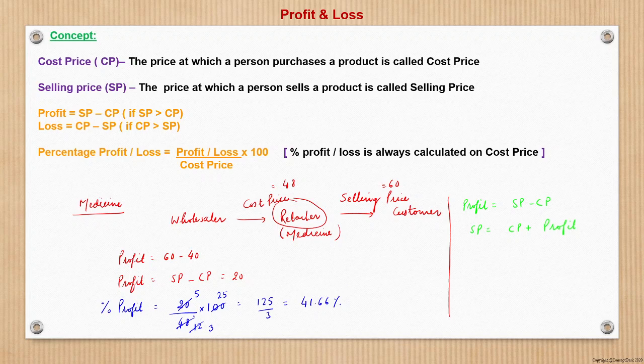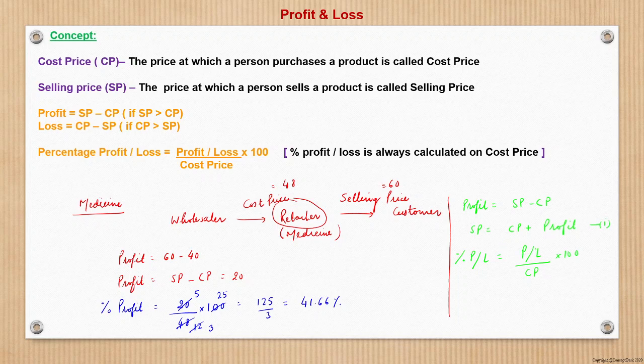So what is the formula for percentage profit, or loss, anything? Percentage profit or loss will be given by profit or loss upon CP into 100, right?